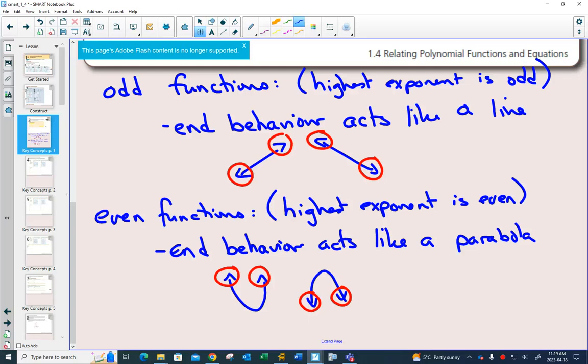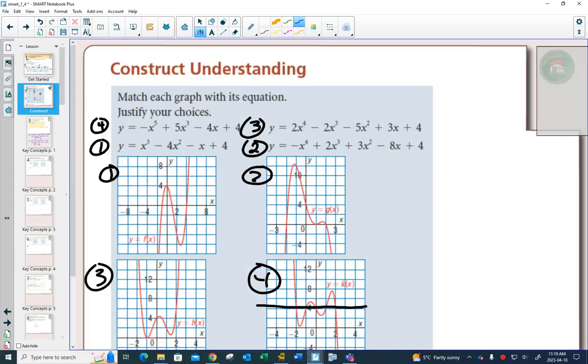So if we go back quickly to the ones that we just matched, you can see that this happens. For graph number 1, graph number 1 was your x cubed graph. That's an odd function, because the highest exponent's an odd number, and its end behavior started down there and ended up there, just like a line would.